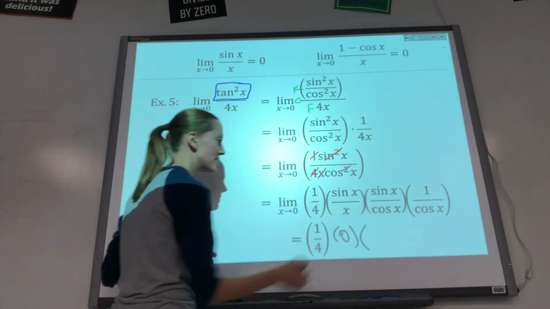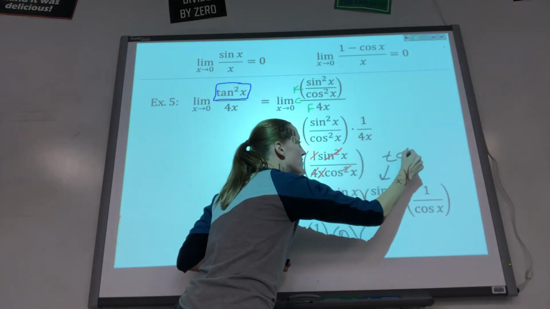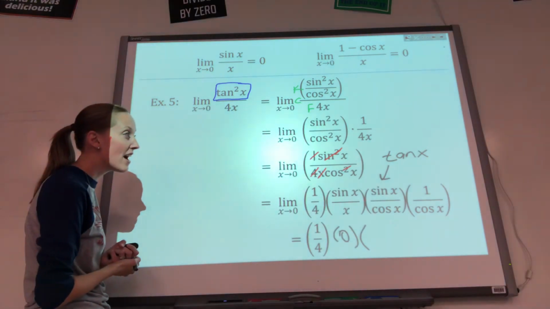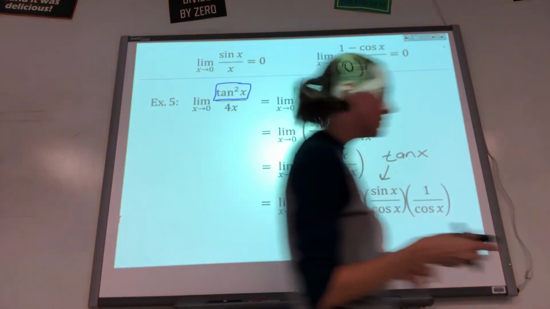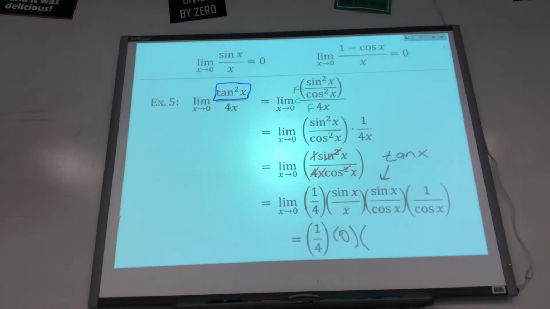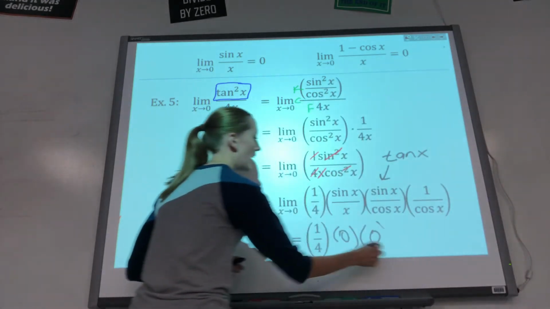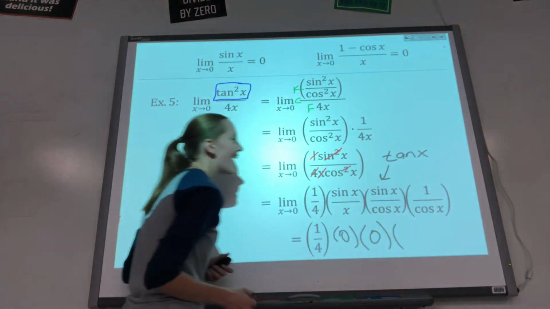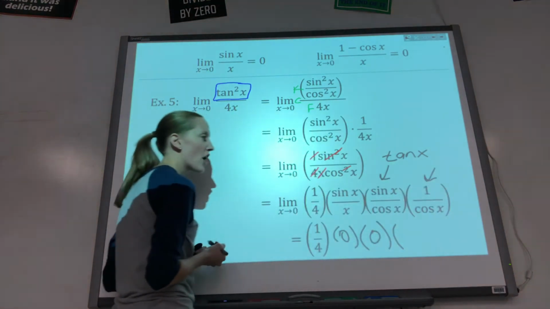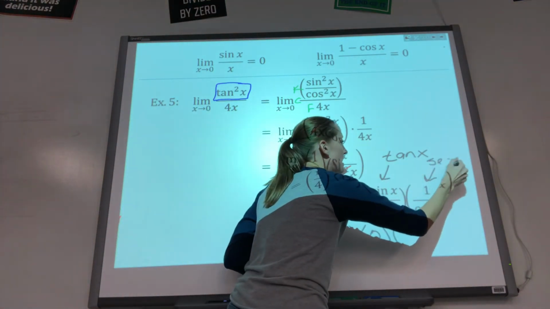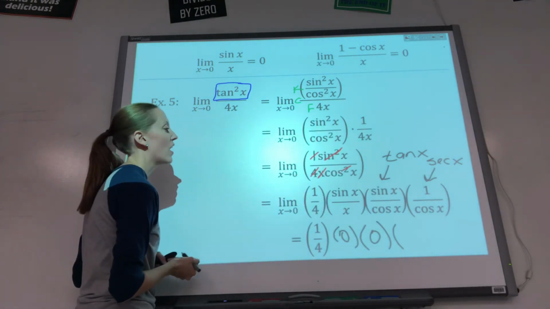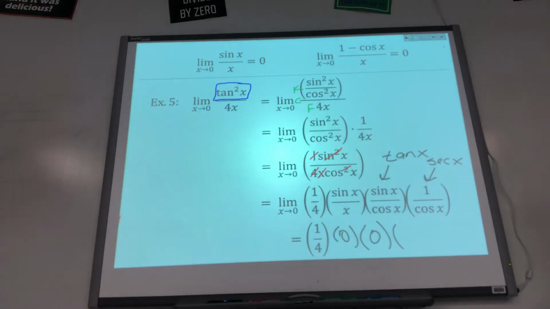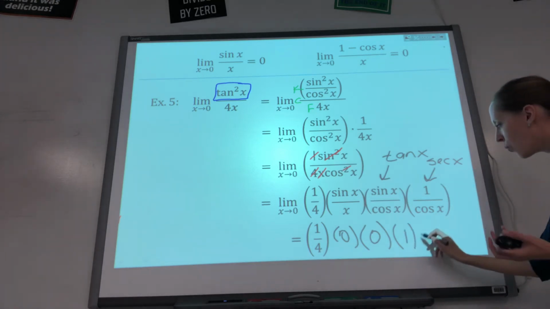Then sine of x over cosine of x, if you think of that as tangent of x, I could use handy dandy real quick to figure this out. Tangent of 0 is another 0, and then 1 over cosine of x, you could use a reciprocal identity on that. That is secant of x. So plug in a 0, and secant of 0 is 1.